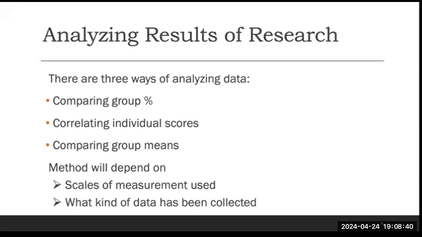And I'll give you an example of that. If we want to know a systematic relationship between variables, then we're going to look at correlations. We might also look at how groups are doing in terms of performance. That's what we mean by comparing group means. How we do these analyses will depend on the scale of measurement we use and what kind of data has been collected.